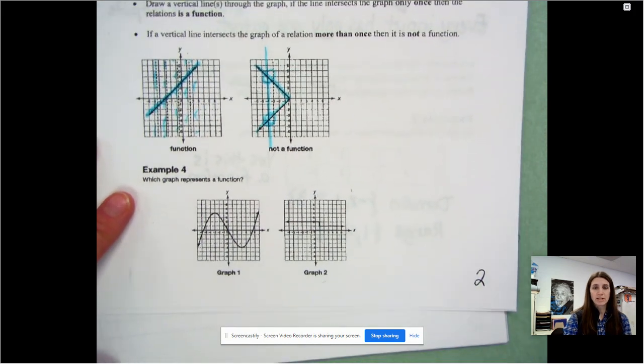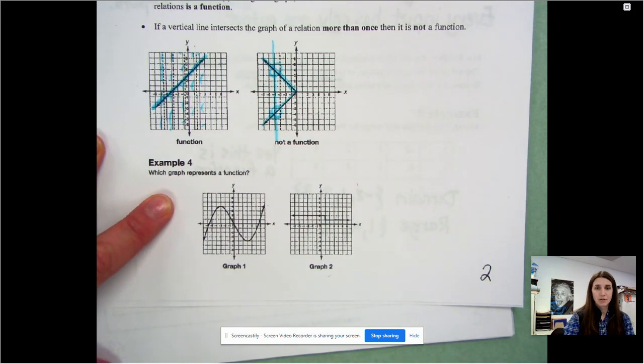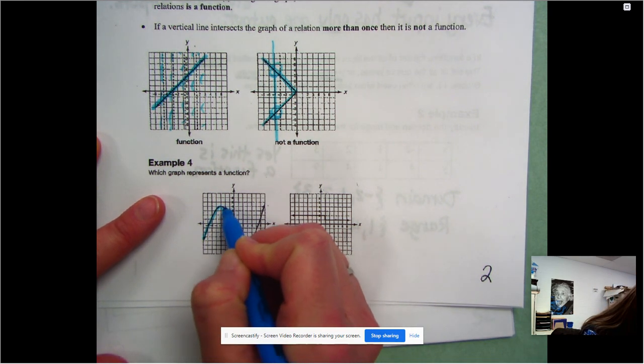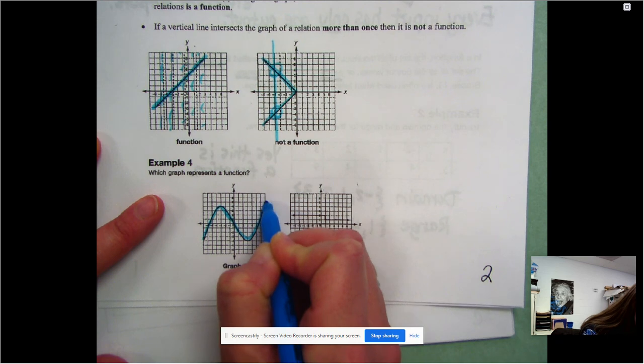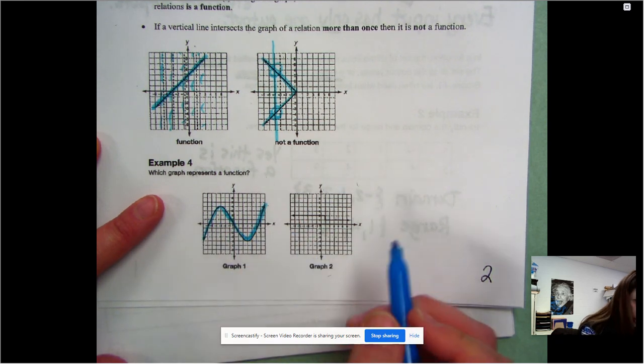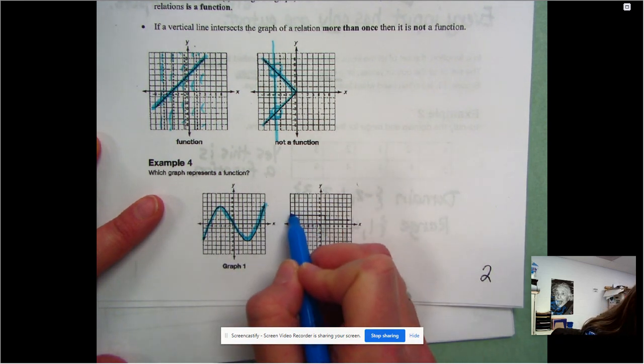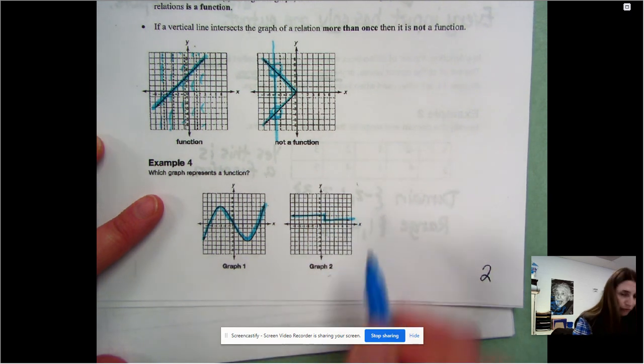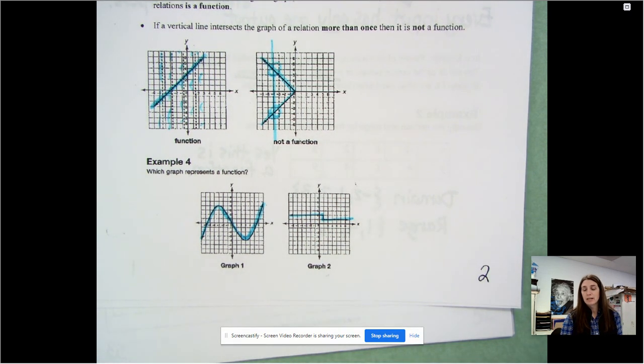So let's take a look at example 4. Which graph represents a function? When we look at these pictures, they are getting very old as we photocopy them over and over again. This one is essentially a sine graph. This one looks like this. It comes across, it goes down a little notch, and then it comes over. So as we look to make vertical lines through them, I'm going to get a different color again.